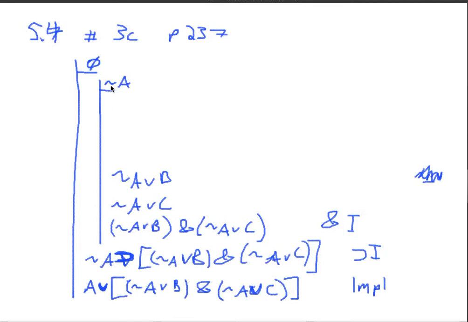Because we already have not A. And remember, we can use disjunction introduction to introduce anything else we like that we already have, either as an assumption that's available to us or something that we've derived. So since we already have not A, I can just introduce not B by disjunction introduction. And similarly here, I can do disjunction introduction citing line. If we make this line 1, these will be line 1.